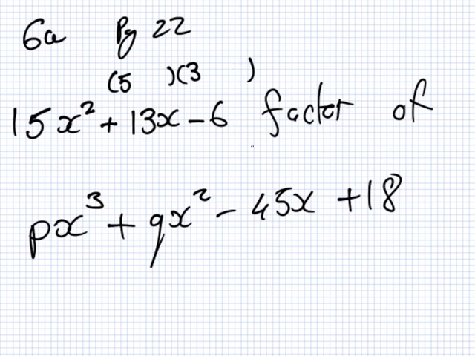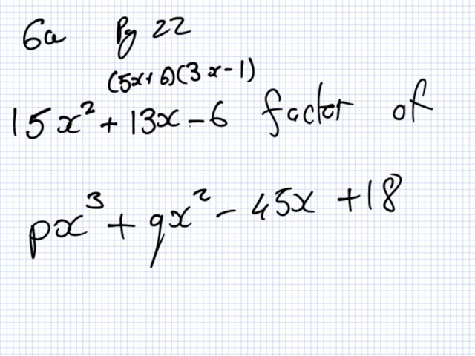Okay. 5 and 3. 6 and 1. That's definitely no good. 6 and 1. That's 18 and 5. I need a minus on the 5. And the plus here. 15 minus 6. 18 minus 5. That's it. Yeah, those are the 2 factors.